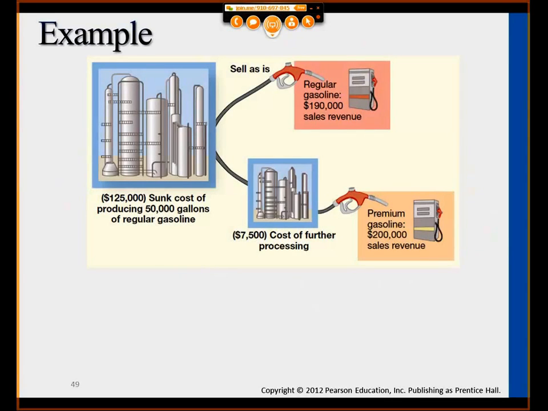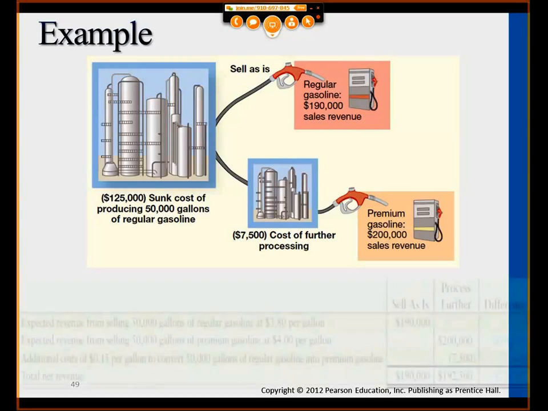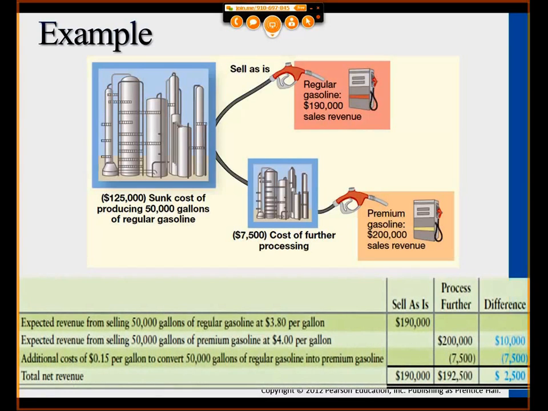Okay, so let's talk about a gas company. Let's say this is, I don't know, Chevron or whatever that is. So here's what I'm going to tell you. Chevron is going to sell their product either as is, or they're going to make a decision to process further.